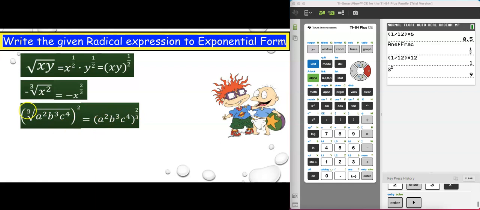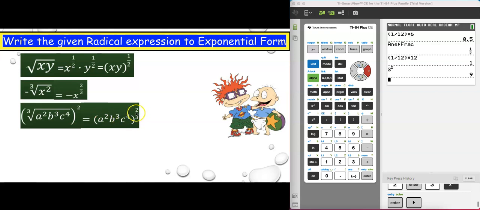Again, because this is my index number and this is my exponent, and all of these things are under there. If I want to write it in a different way to show each of them individually, I could, but this is okay. This is the same thing.